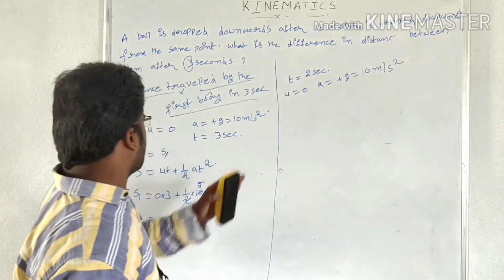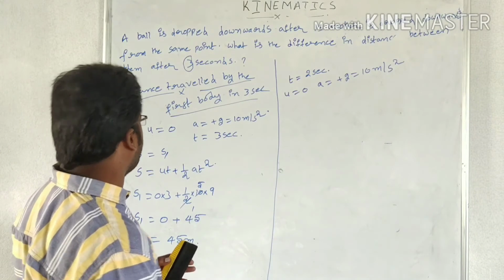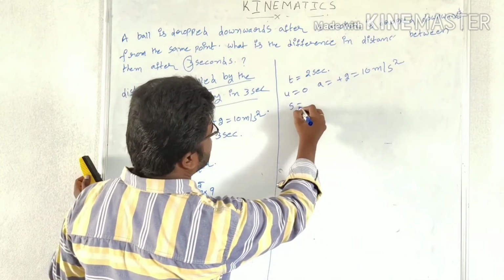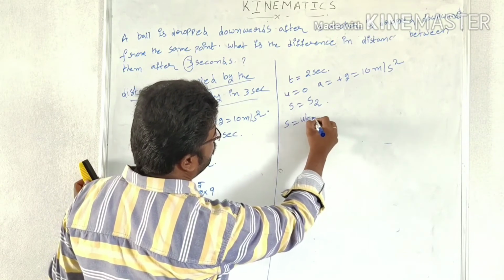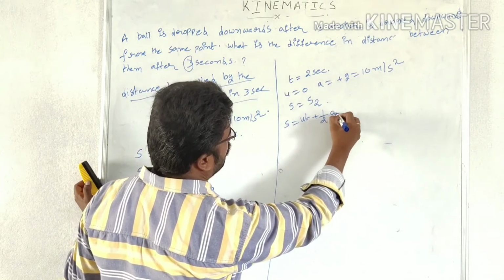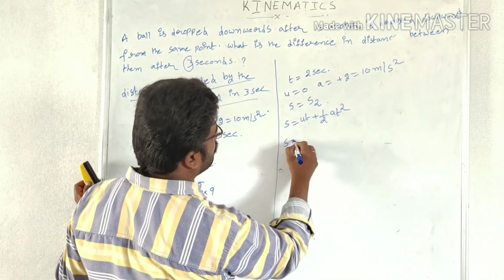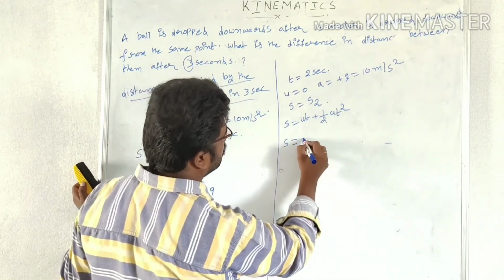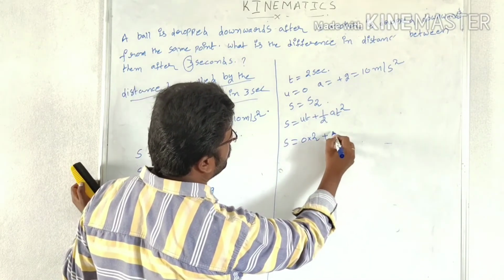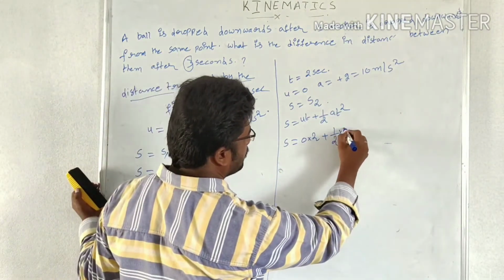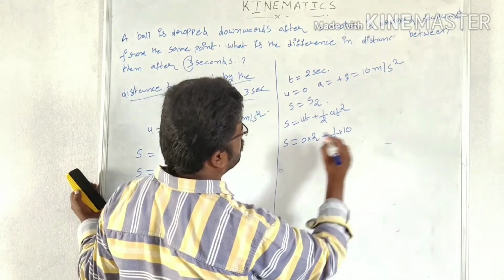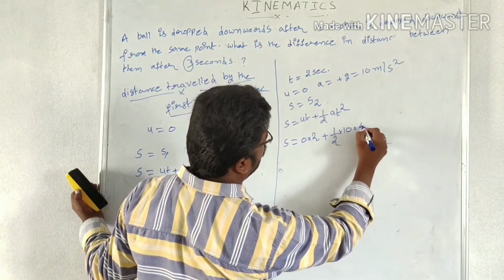Now we are going to calculate the distance travelled by the second body. Same formula, but S equal to S2. We substitute in the formula, S equal to ut plus half at square. S equal to 0 into 2 plus half into A, that is 10, into T, 2 square, 2 into 2, 4.